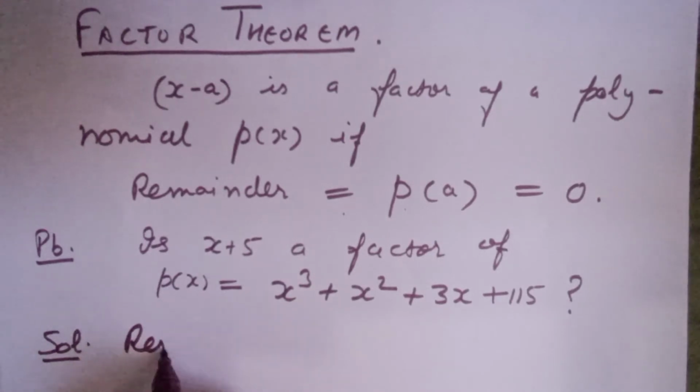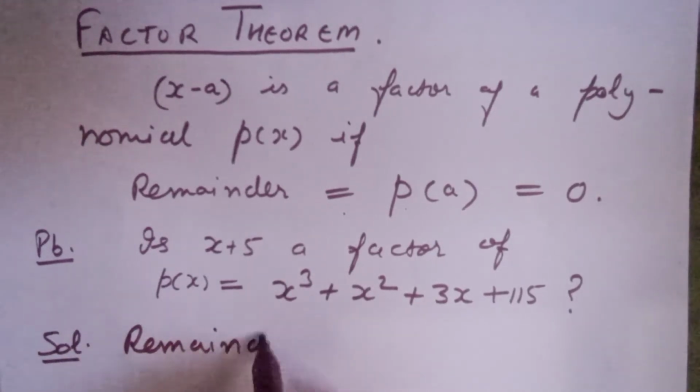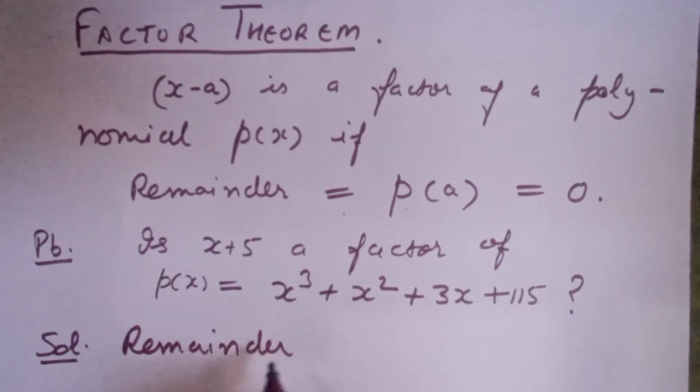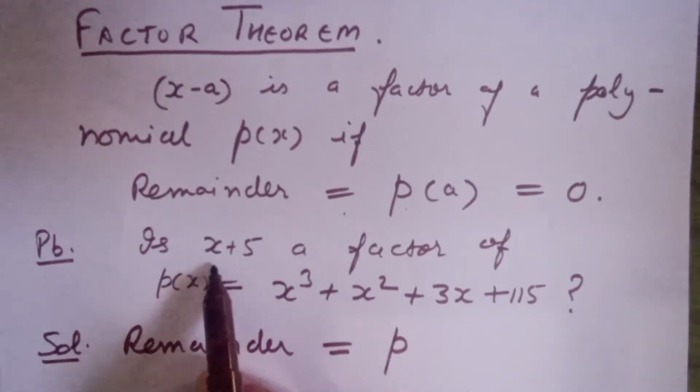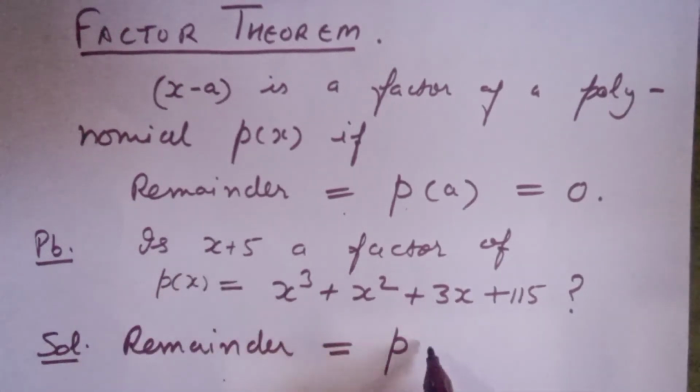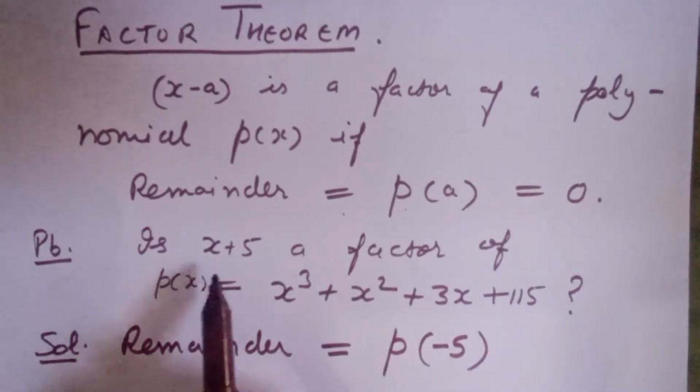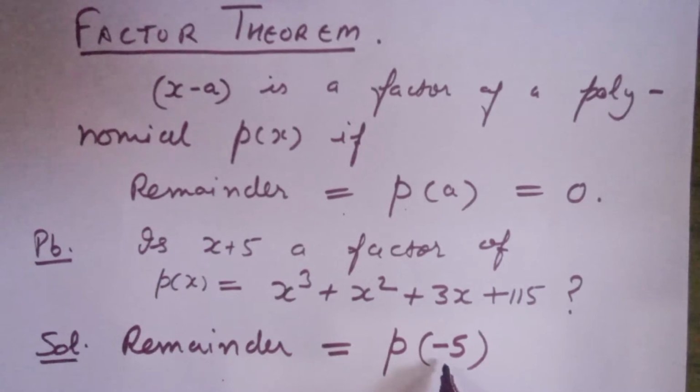The remainder is equal to p of, see this is x plus 5, so the remainder will be p of minus 5. Do you remember that? If here it is plus, then there it is minus.